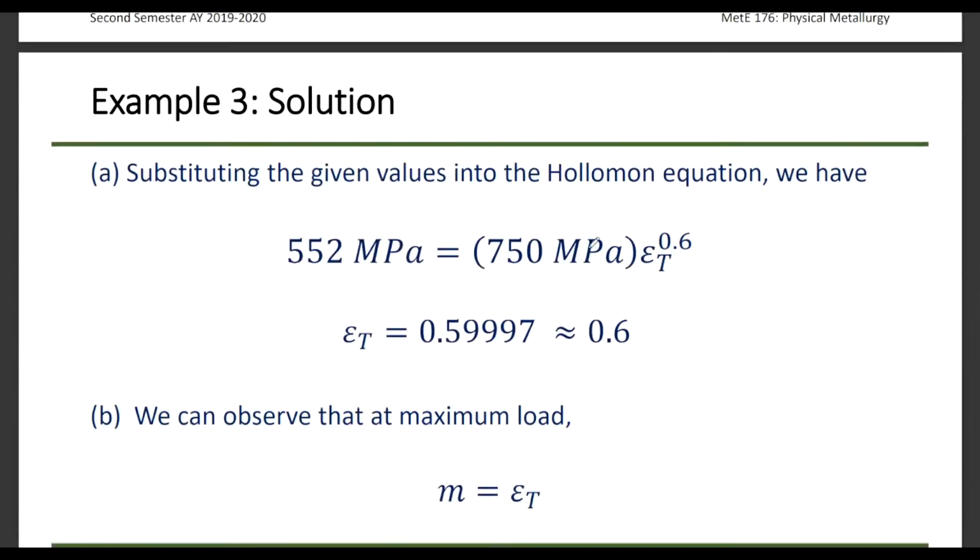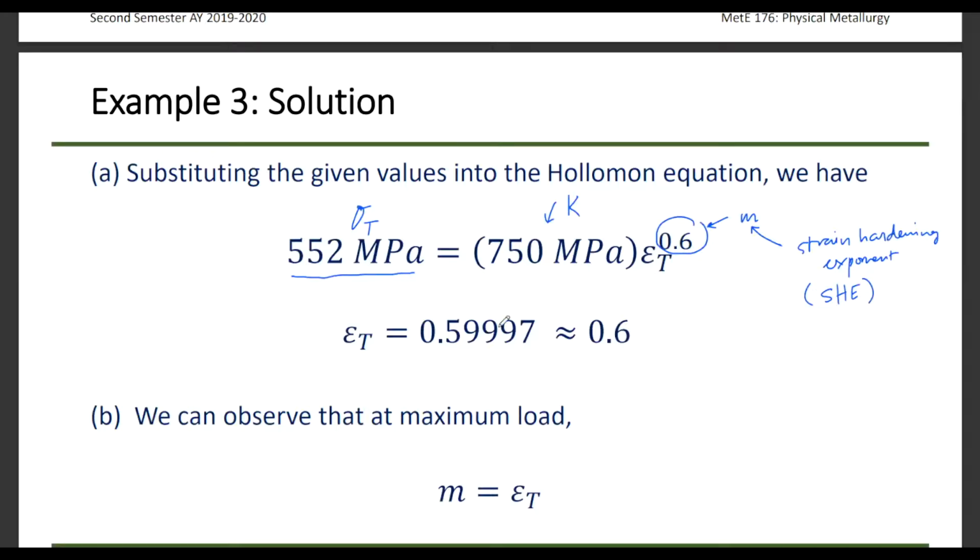Okay, so let's start. So let's substitute first the given values into the Hollomon's equation. So we have 552. Input natin siya sa sigma T side. Tapos yung 750, this is the K. Tapos 0.6 is the material constant M. Sometimes we call this the strain hardening exponent or SHE.